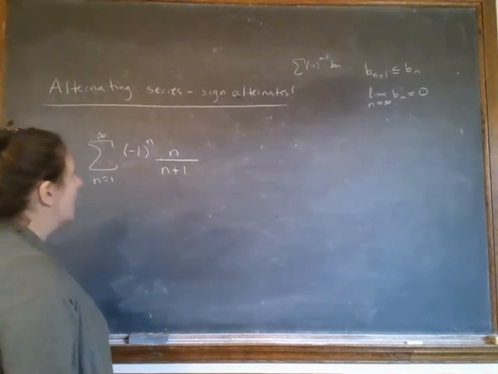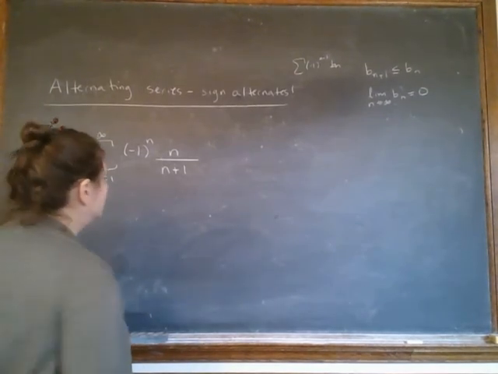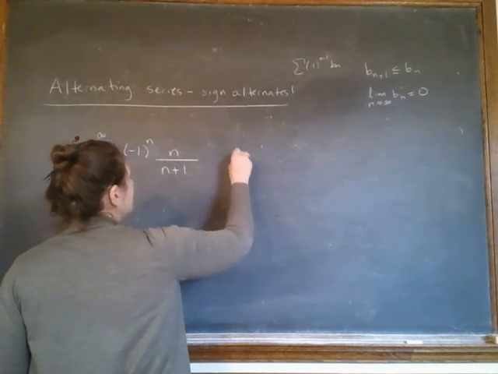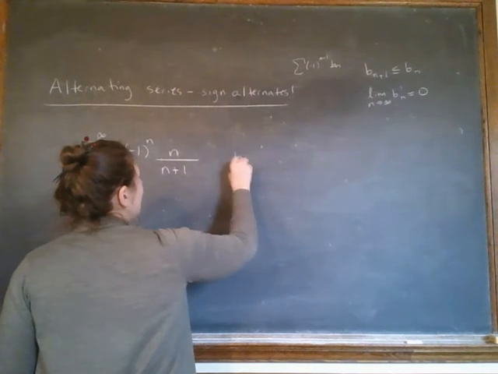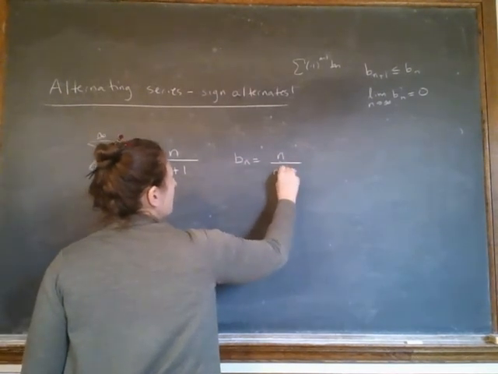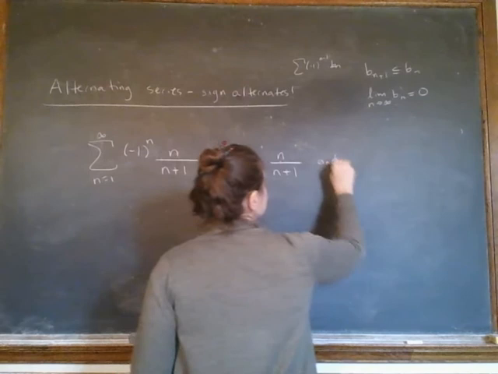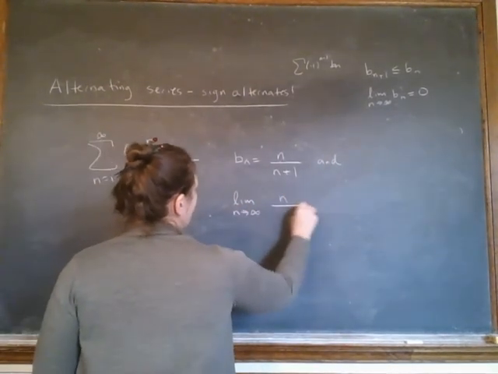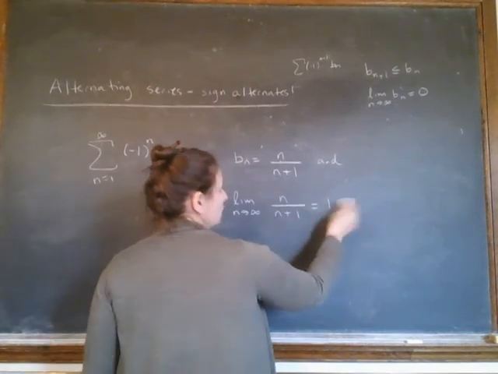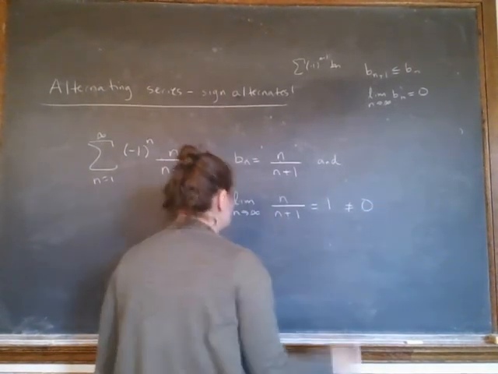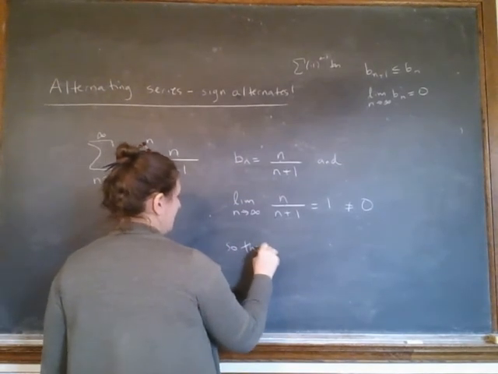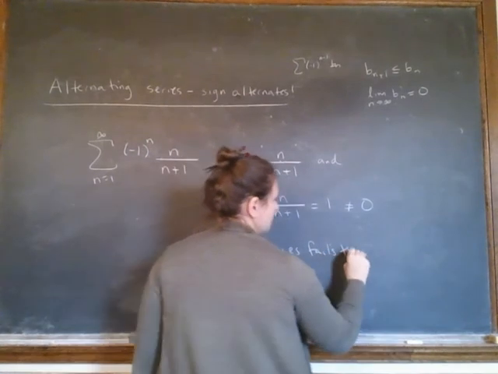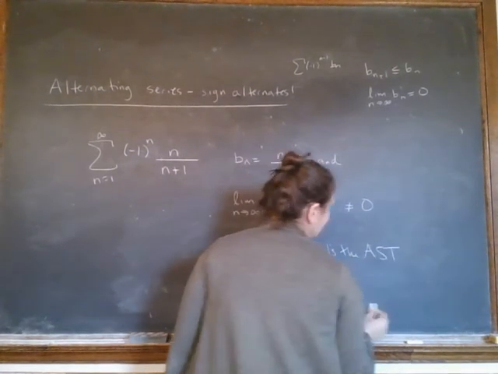Okay? So I could just look at that. So I can just write that out. b_n is n over n plus 1, and limit as n goes to infinity of n over n plus 1 is equal to 1, not 0. So this series fails AST, and in fact, it diverges.